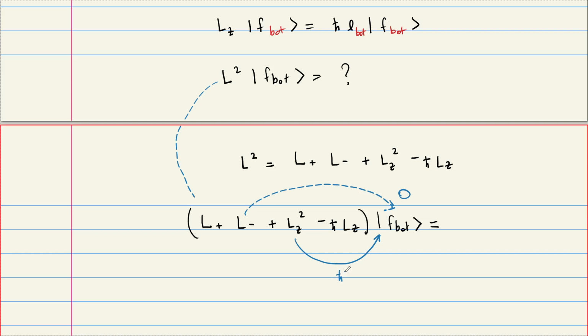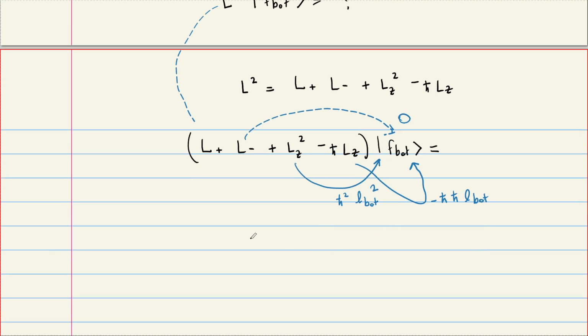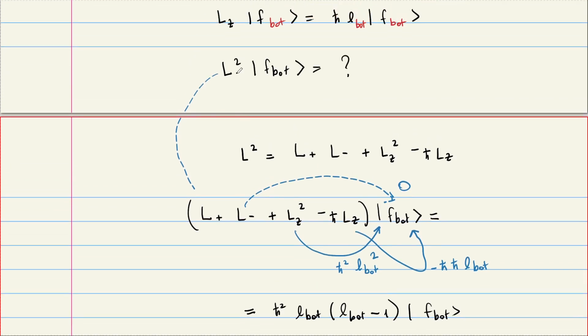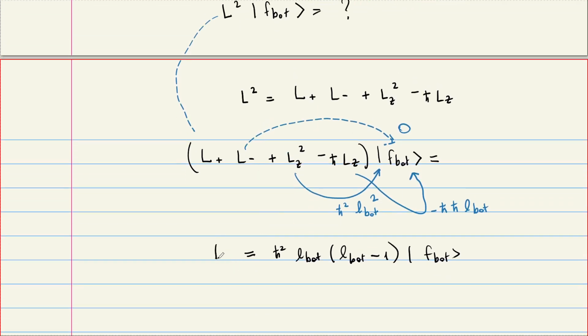That means this is h bar squared l bottom squared, and this also operates here, and it's going to give us minus h bar Lz times F bottom, which is h bar l bottom, and that means it is equal to h bar squared l bottom minus 1, times F bottom. So what were we looking for? We were looking for the eigenvalue of L squared, and this is the eigenvalue equation.